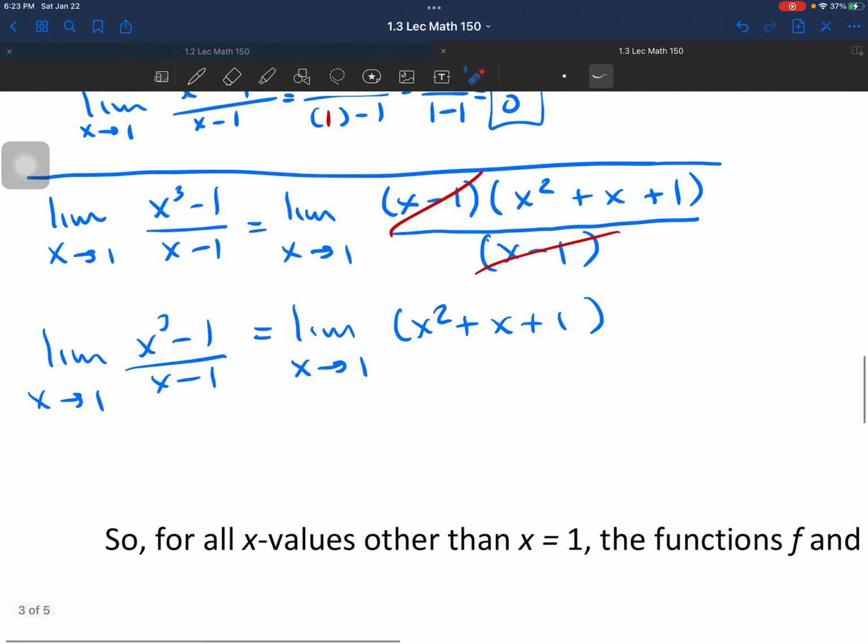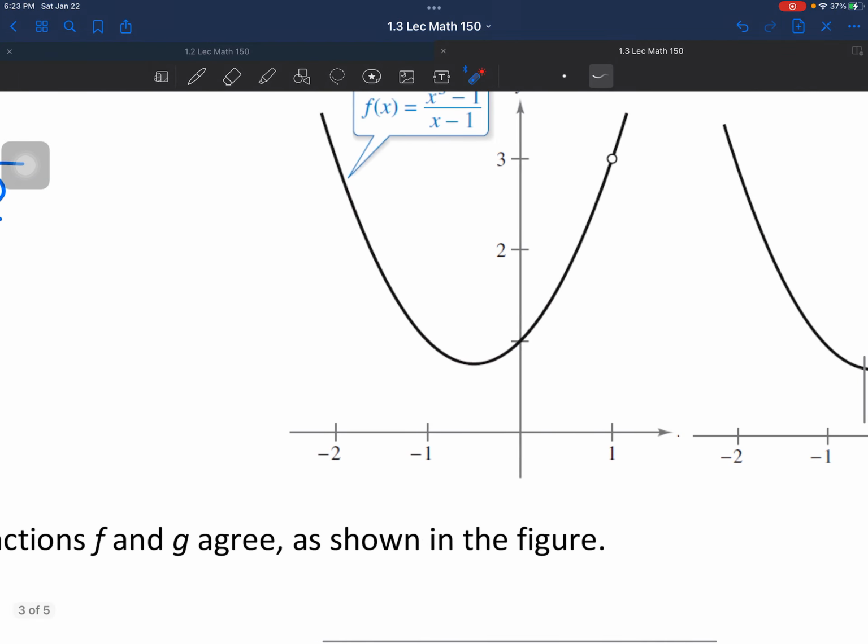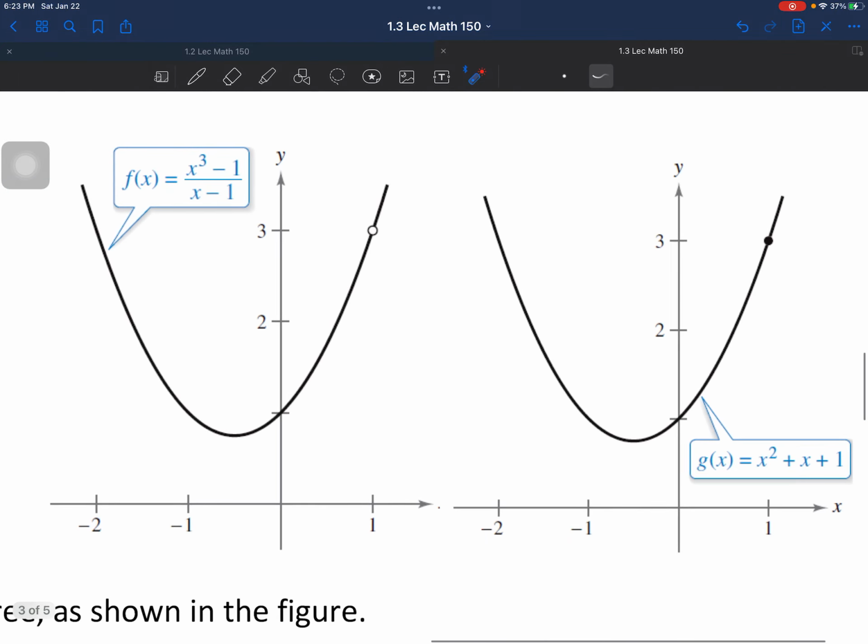Let me drag you to the side of the picture so you can see what I mean. This is the original function, and if you notice, when you plug in x equals 1, you end up getting 0 over 0.